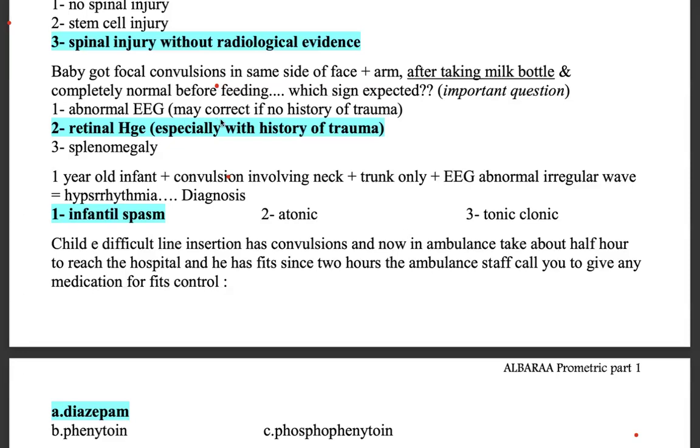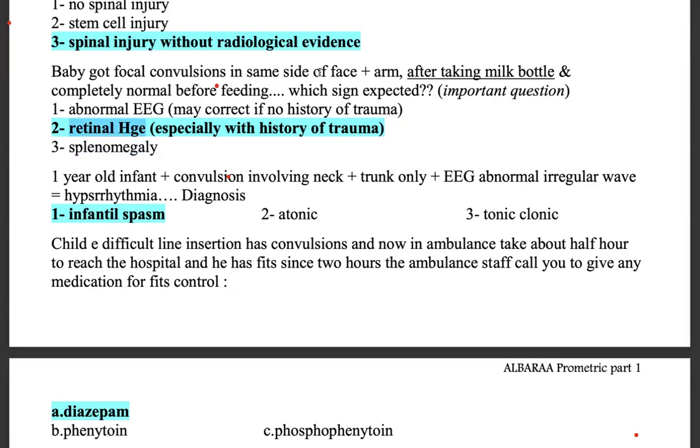Abnormal EEG. May be correct if no history of trauma. Suppose you suspect non-accidental injury in this child, because after taking the milk bottle there is convulsion. Then your option will be retinal hemorrhage. Okay, that is shaken baby syndrome.